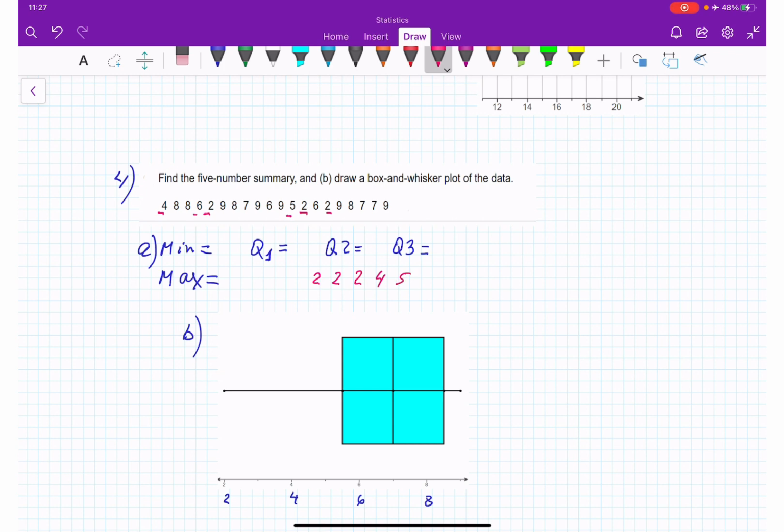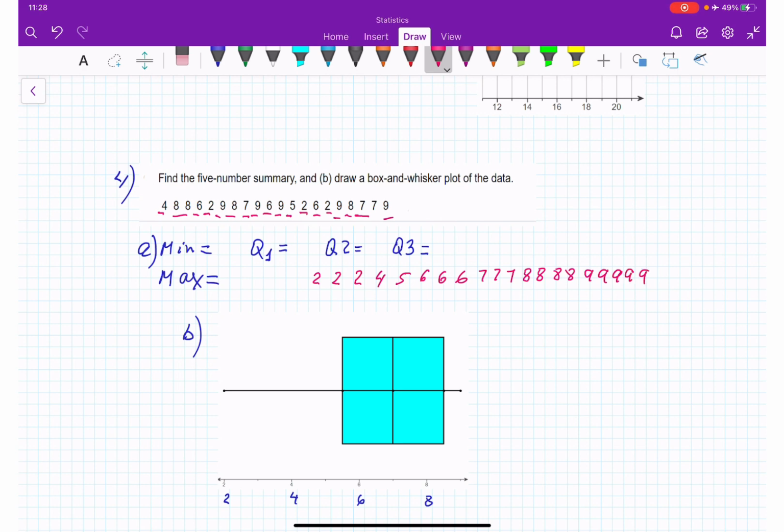And then 6, 1, 2, 3. 7, 1, 2, 3. 8, 1, 2, 3, 4. And 9, I have 1, 2, 3, 4, 5. 5 of them.